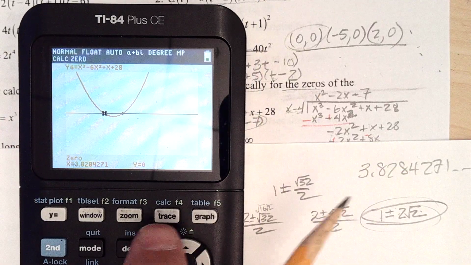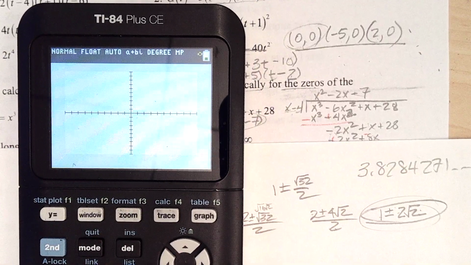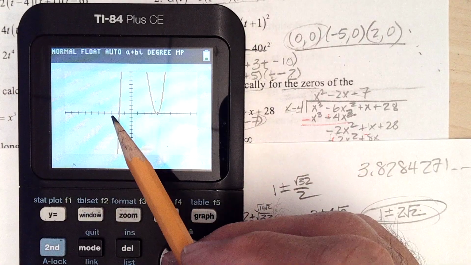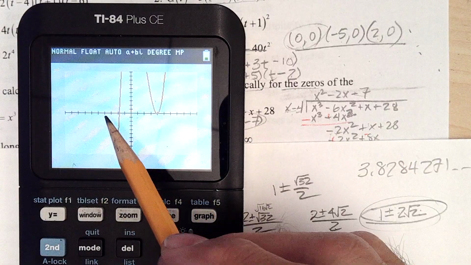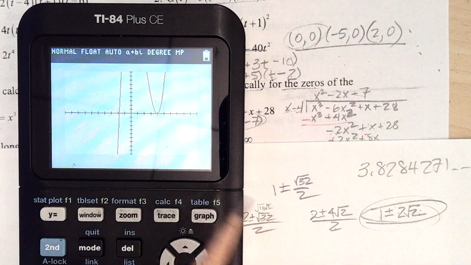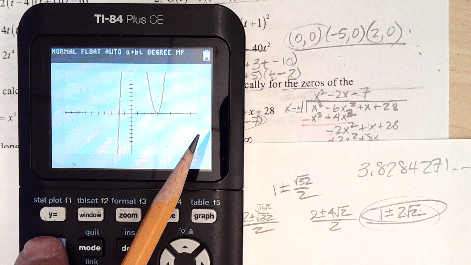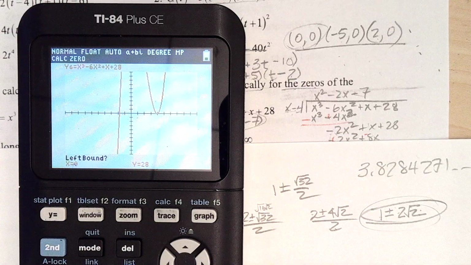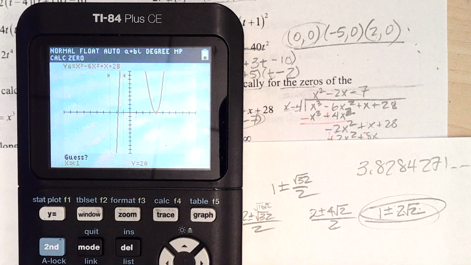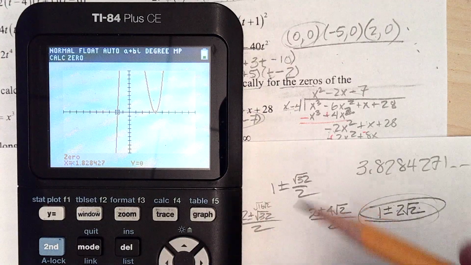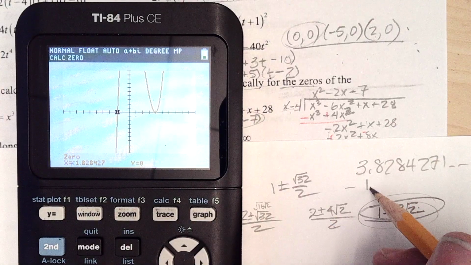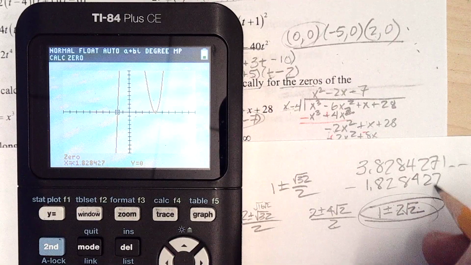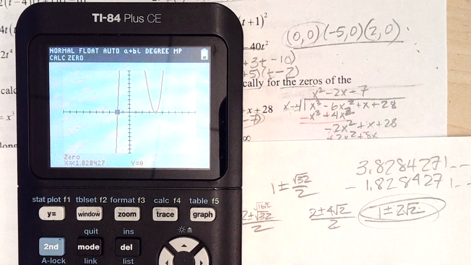The other one, if I go back to here, the other way to do it on a calculator, it's between -2 and -1. It's actually between -3 and -1. It's between the other ones too, but second, calculate the 0 between -3 and -1, and it's about -2, and it says it's -1.82847, blah, blah, blah, whatever.